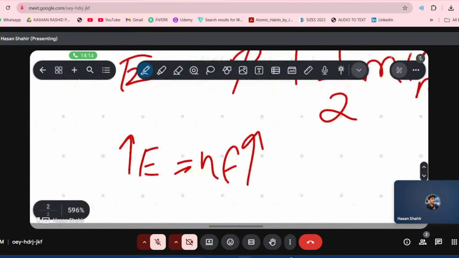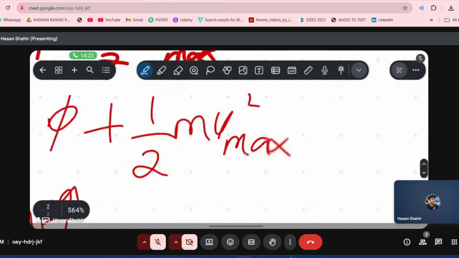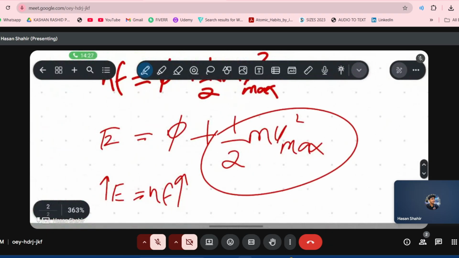So at constant intensity of the incident electromagnetic radiation, if our frequency is being increased, then of course the kinetic energy of the electron must also increase. So this is the main factor over here.